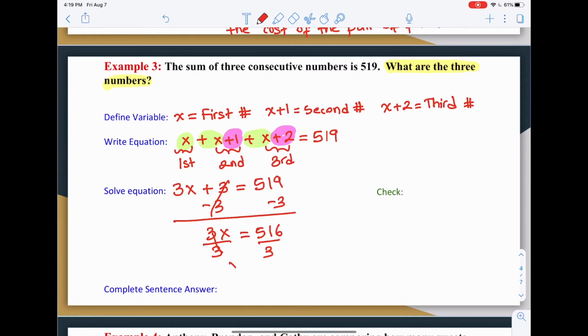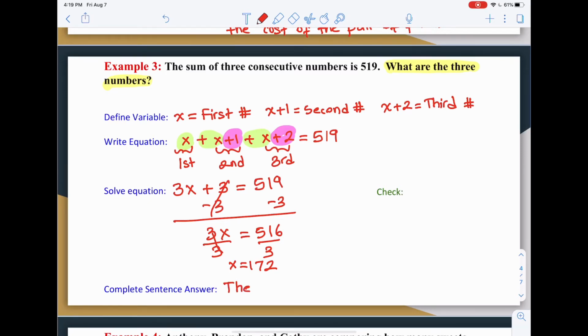172. So x is 172, then the next 2 numbers would be 173 and 174, since they're right after each other. So then let's write here our final answer.